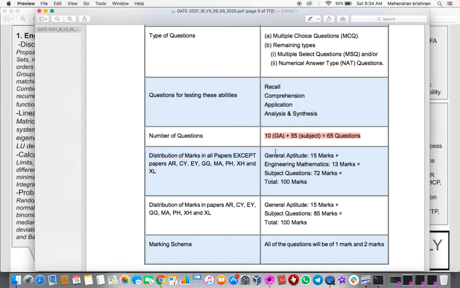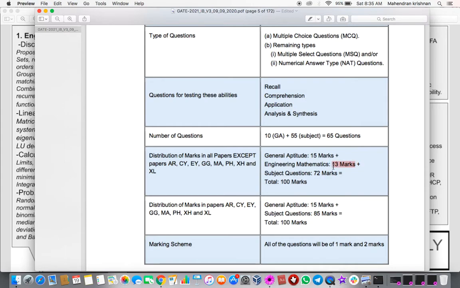Then, the distribution of marks. The compulsory portion is 15 marks in maths and English, and engineering maths is 13 marks, which is compulsory. This could include fill in the blanks as well as multiple choice or multiple select.